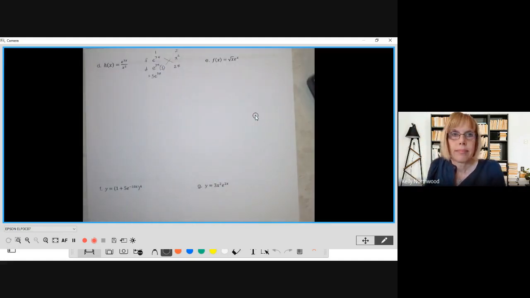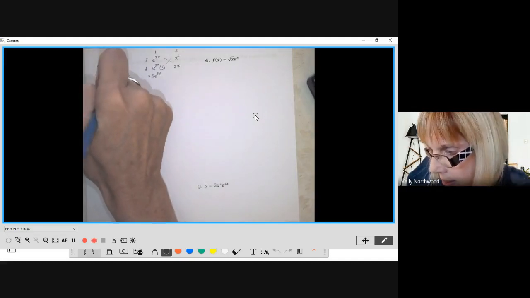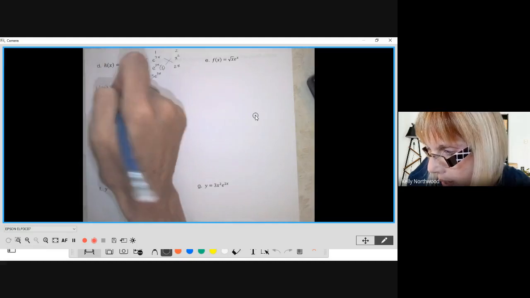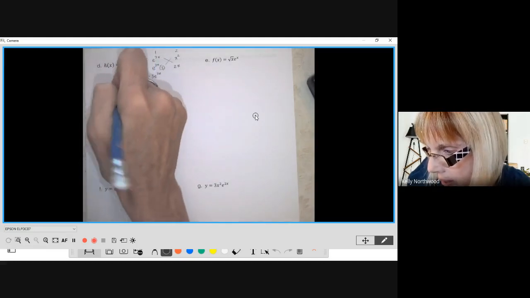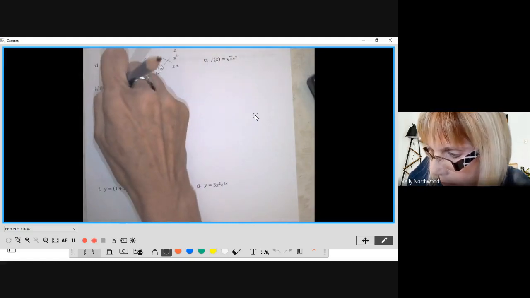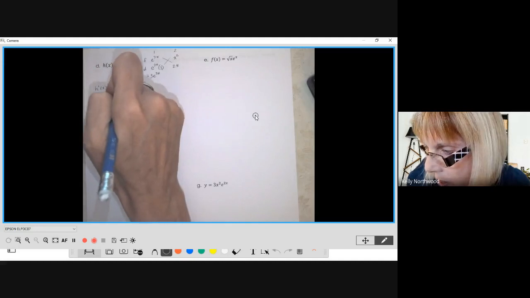So that means h prime of x is going to be the derivative of the first times the second, so 3e to the 3x. Oh, sorry, I wouldn't write it like that, my bad. I'd probably do the 3x squared and then the exponential part.